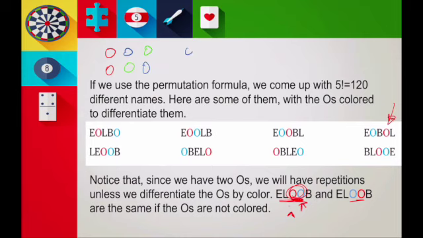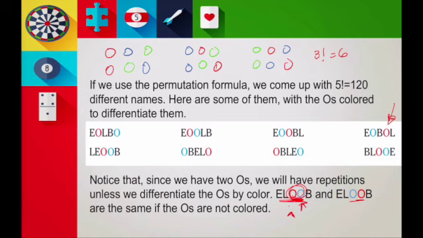You could have blue, red, green. You could have blue, green, red. And you could have green, red, blue, and green, blue, red. So you have 3 factorial, which is 6.